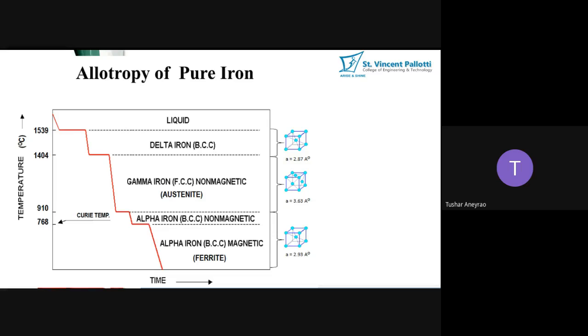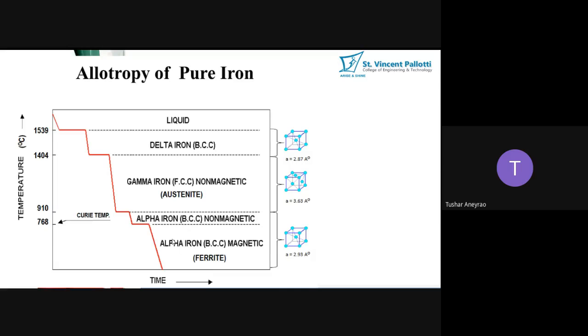If the crystal structure is changing, or the physical appearance of that particular element is changing, now we will not say element, we will say it is a mixture of two elements, or the solid solution in short. Okay, so if the physical or structural changes are there in this solid solution, then I can say that it is the allotrope of that particular element or mixture.